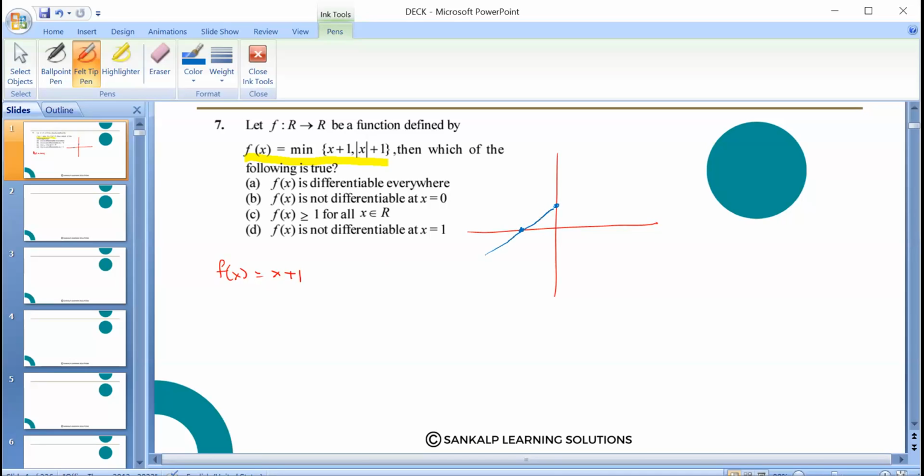So this is a linear equation. It's a straight line. So you can see f of x is differentiable everywhere. You can go for option C.